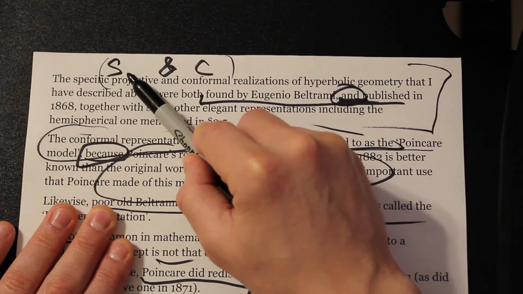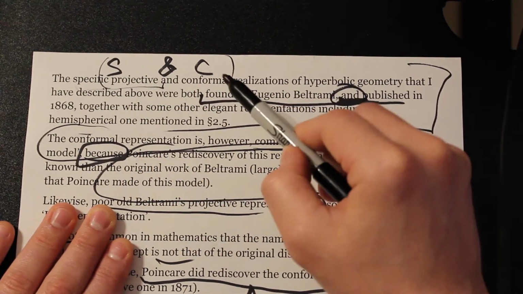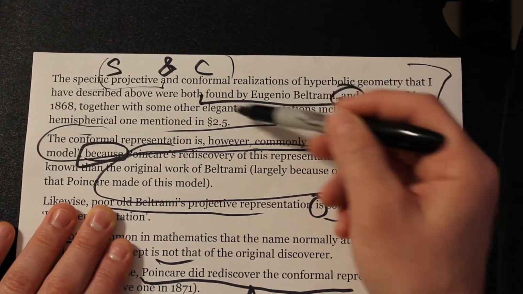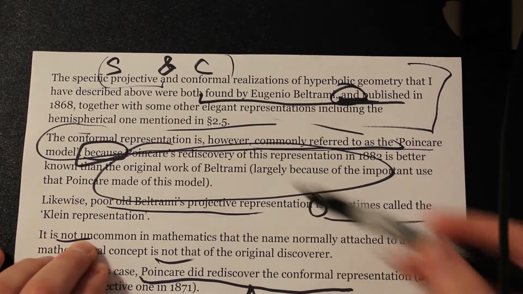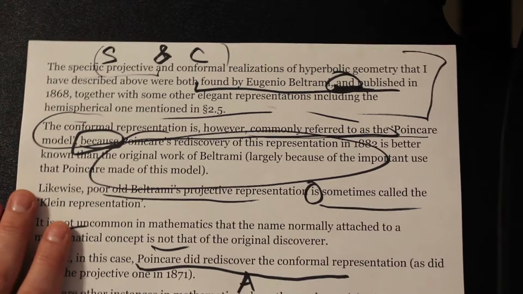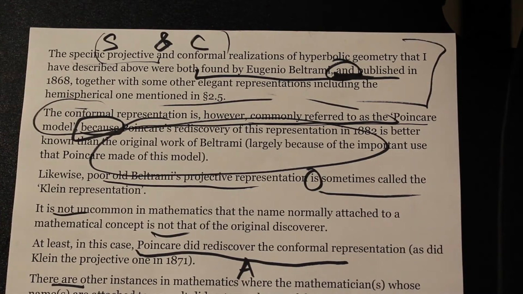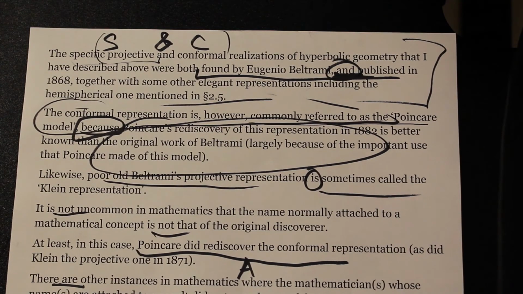This one S, which refers to just the specific projective, and this one here, the conformal as well, right? Both things grouped together. So those are just some more complicated sentences, but that's kind of how you would see those sentences when you're just reading, when you're just going through something in general, applying the logical structure to the English words.